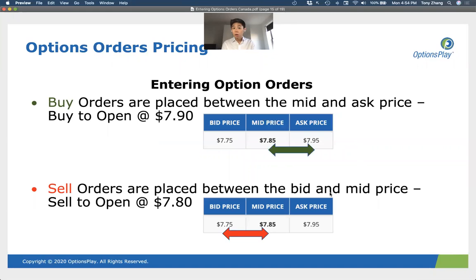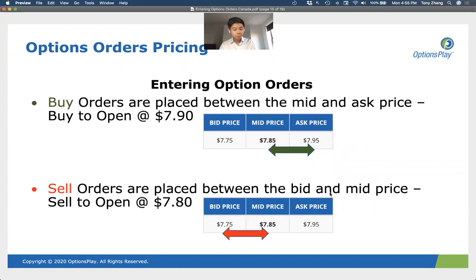So let's talk a little bit about entering orders now. Now that we've learned all this information about what bid-ask prices are telling you, let's walk you through an actual trade and how you can use this information to minimize the markup that you pay on an option strategy.